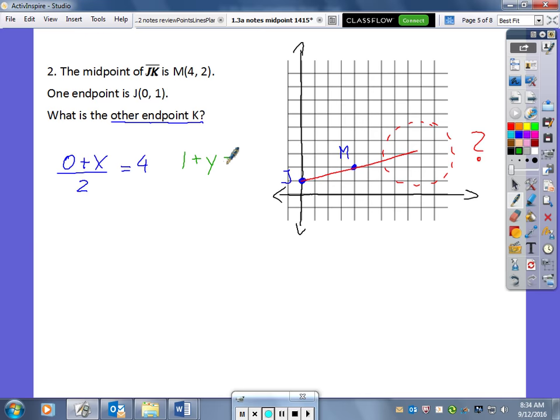And 1 plus y divided by 2 is equal to 2, which is the y-coordinate of the midpoint.